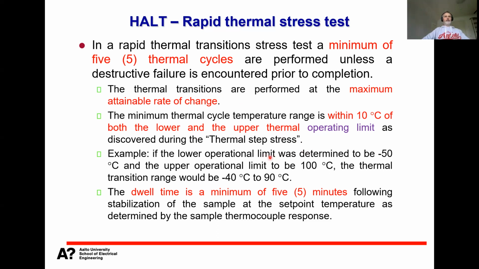As an example, if your operational limits which you defined in the step stress test were minus 50 and plus 100, then your thermal stress test would be from minus 40 up to 90. And minimum dwell time will be 5 minutes. That is again dependent on the stabilization of temperature in your product.